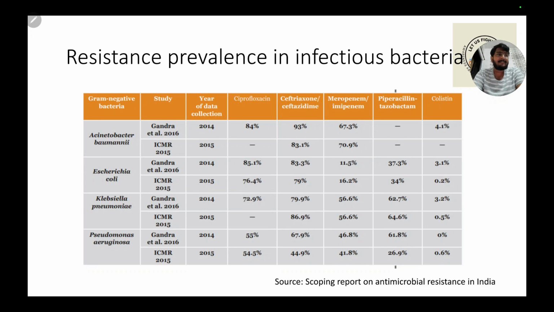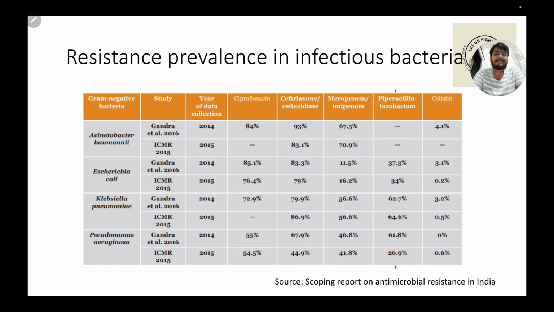Escherichia coli is a strain which is responsible for causing certain GI-based infections, especially the pathogenic strain that is prevalent in a human being. Klebsiella pneumoniae is responsible for causing respiratory tract infections. Pseudomonas aeruginosa again is responsible for causing wound-based, burn-based infections, or even in some cases respiratory tract infections.